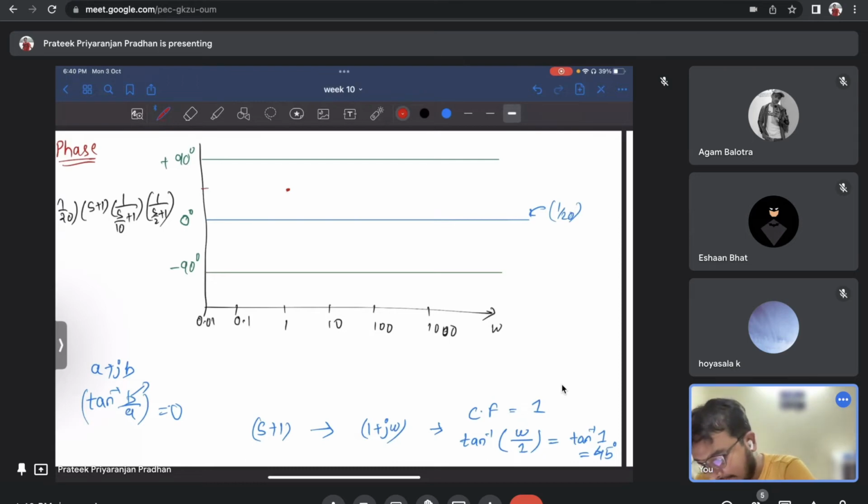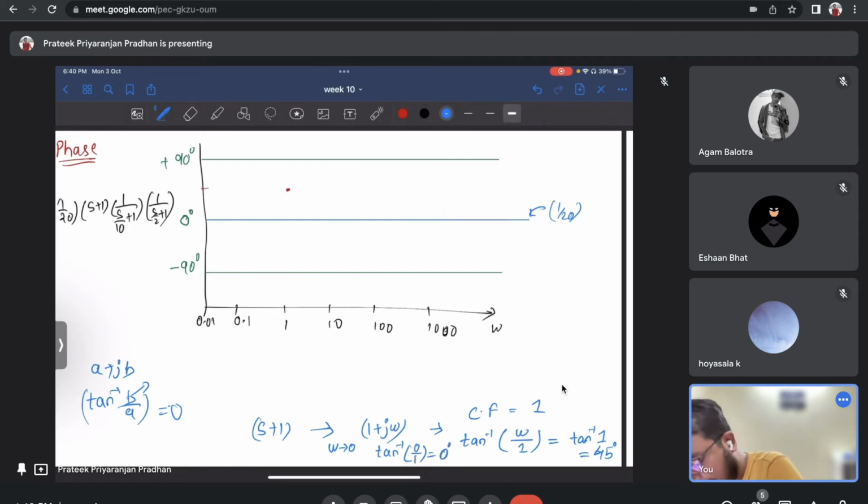So I'll just put it like that. Next, at omega tends to 0, that means lower frequency. I know I have repeatedly said lower frequency, higher frequency, corner frequency. These three are most important. For lower frequency, what is the tan inverse? It will be 0. Tan inverse of 0 by 1, so it will be 0 degree.